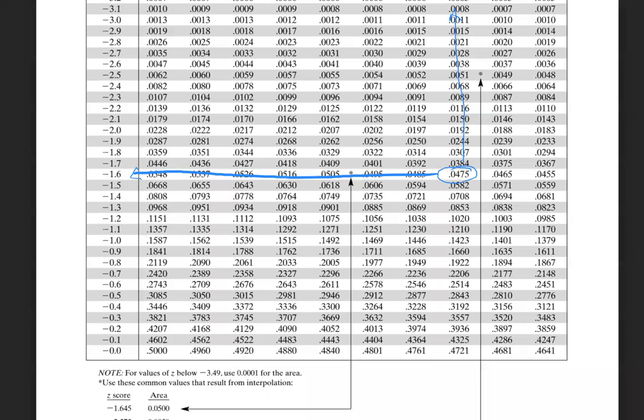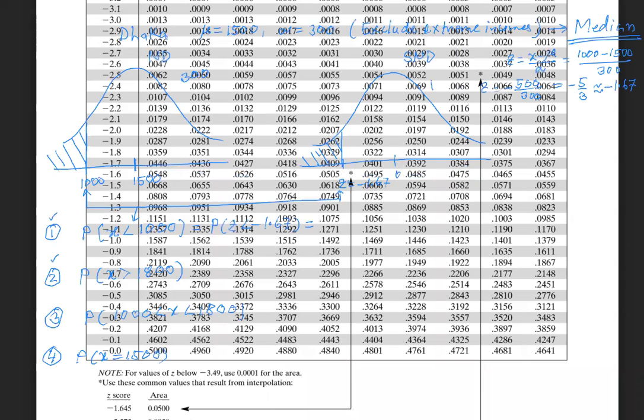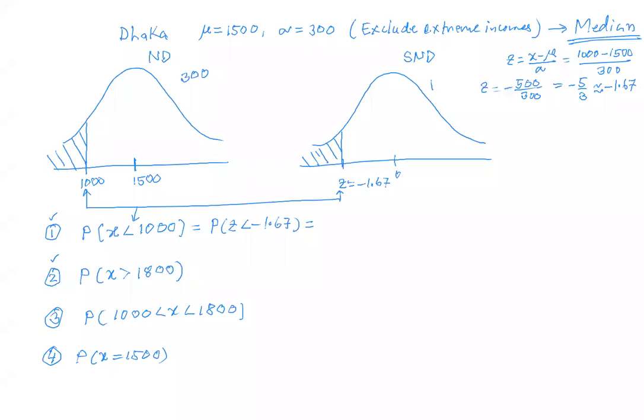So 0.0475, which by the way is 4.75%. So there's a 4.75% chance that somebody randomly selected off the street would make $1,000 or less.